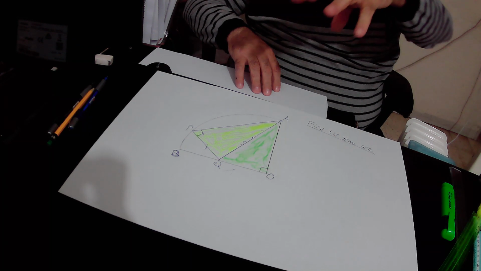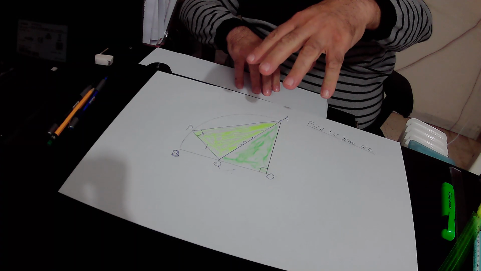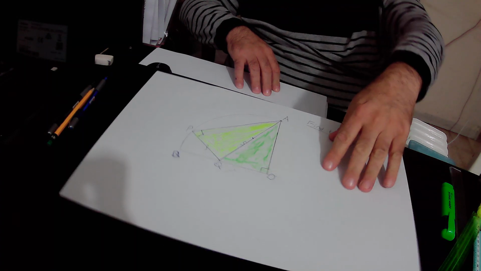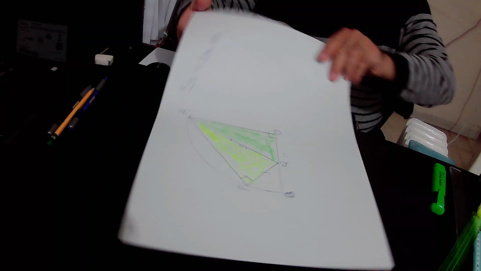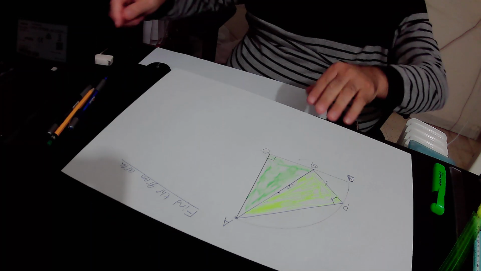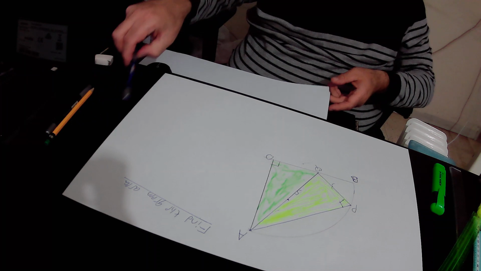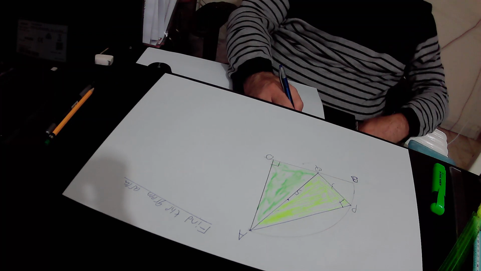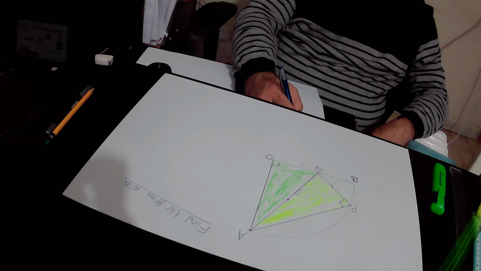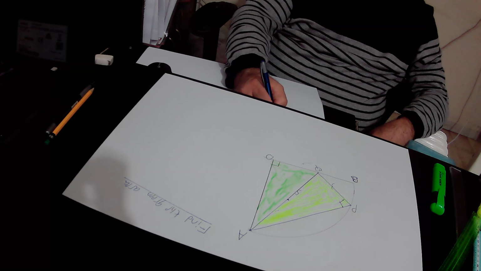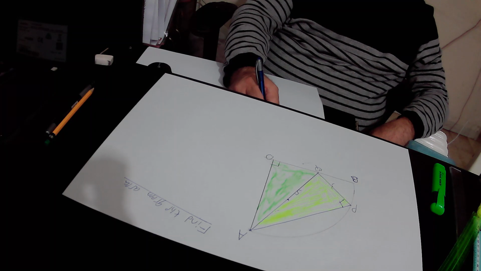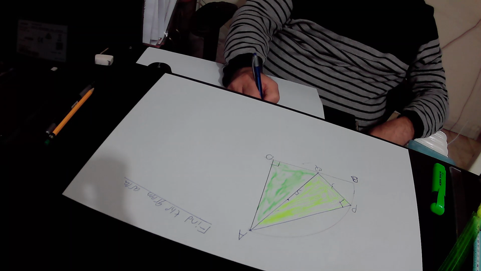And we'll implement on this right yellow triangle the Pythagoras theorem. So in the right yellow triangle APQ, PT is the abbreviation for Pythagoras theorem.